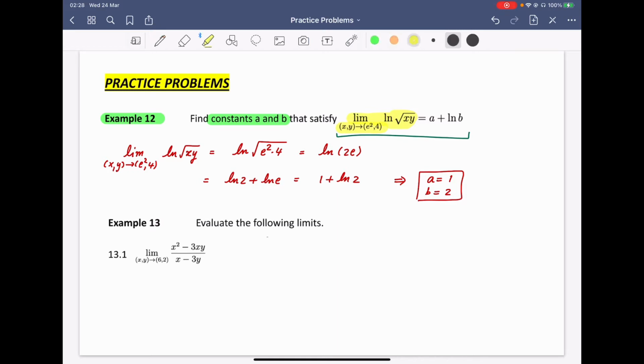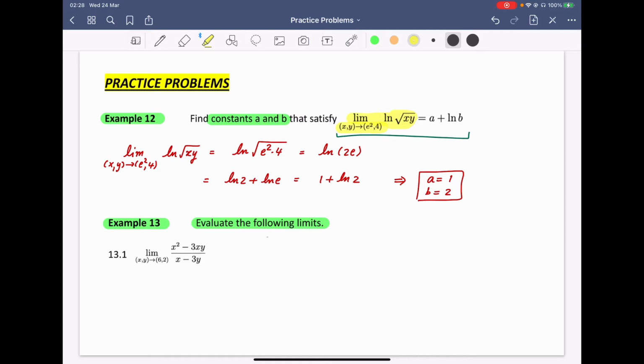So let's move to another one. So example 13. Now we need to compute limits. Starting from 13.1, we look at this limit. You have to try to compute the limit by just plugging in the number first.